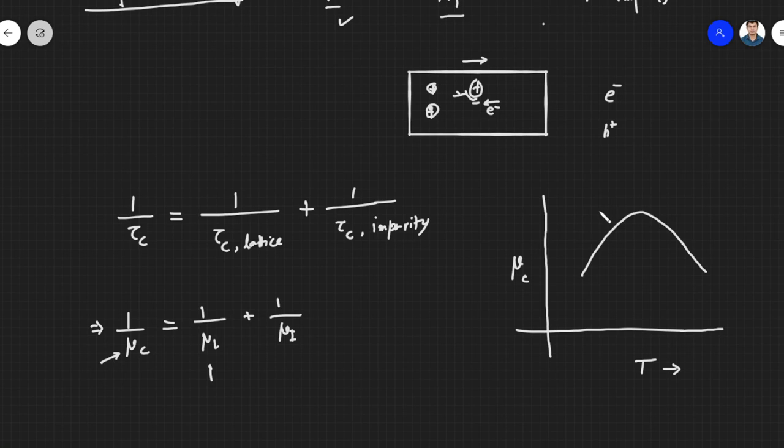This side is increasing with temperature, so it goes to the power 3 by 2, and this side goes to the power minus 3 by 2. So what is happening is, at higher temperature the lattice scattering takes over; the effect of lattice scattering is more at higher temperature, and at lower temperature the effect of impurity scattering is more.